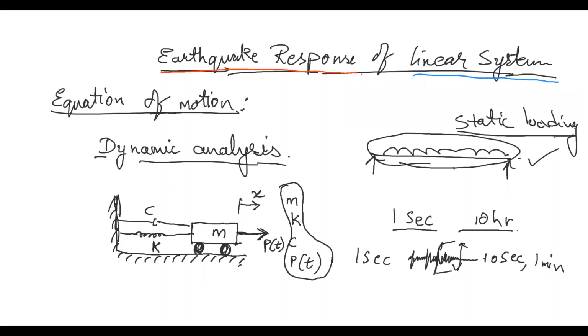So this is the arrangement, and for this arrangement, if you draw the free body diagram, this is the ground, and we have mass M with this type of support as the roller.